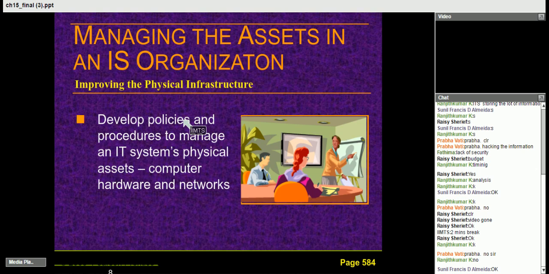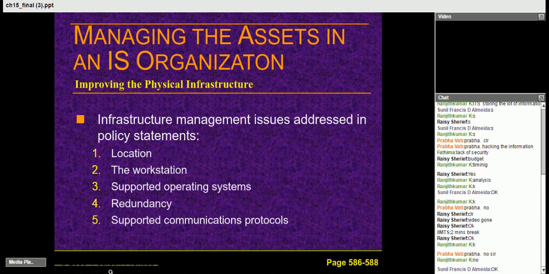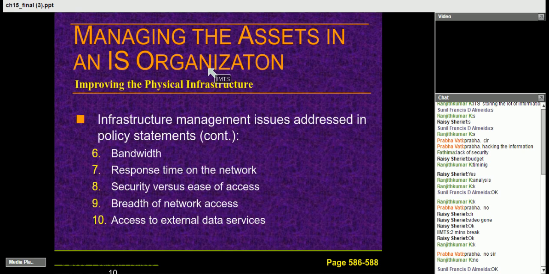Then managing the assets in an organization, improving the physical infrastructure. That means developing policies and procedures to manage an IT system's physical assets, computer hardware and networks. Then improving the physical infrastructure management issues addressed in the policy statement, that is location, workstation, supporting operating systems, redundancy, supported communication protocols.